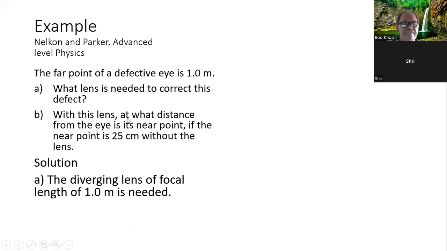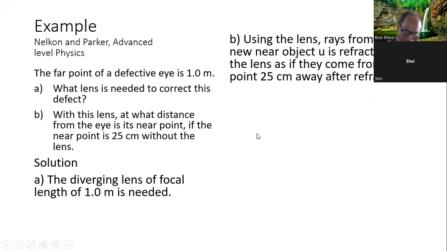With this lens, at what distance from the eye is the near point? Right? So now we have to calculate where the near point is. Using the lens, rays from the near object U are refracted by the lens as if they come from 25 cm away.